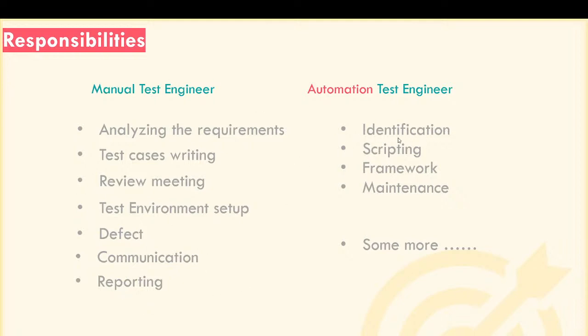What does identification mean? It means identifying how many test cases we can automate out of the total test cases. As I told you, there are 1000 test cases, 10 test cases are very complex, then just automate the remaining test cases. Okay, so you can make a decision here.